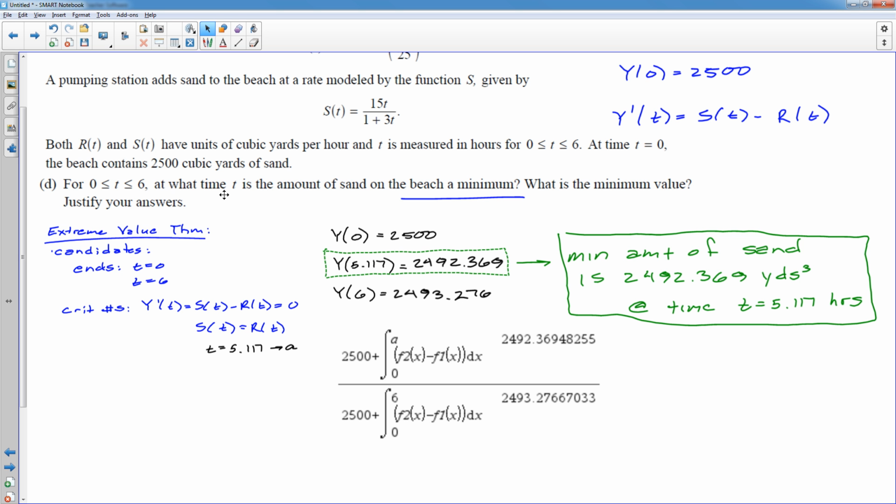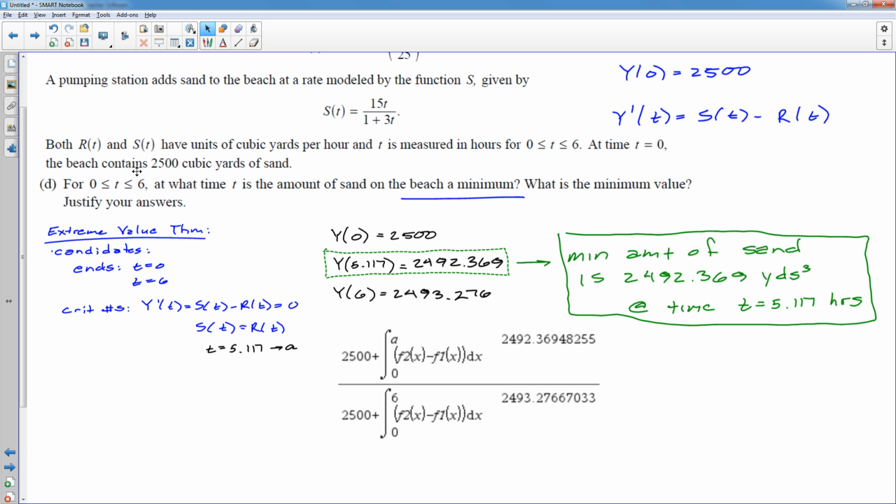Now, had you chosen to go through the first derivative test, where you consider intervals to the left and right of your critical number and all of that, then you would need a little bit more justification. That's why I said a few minutes ago that the extreme value theorem makes it a little bit easier, because you know where your candidates are and you simply plug into the function to evaluate.